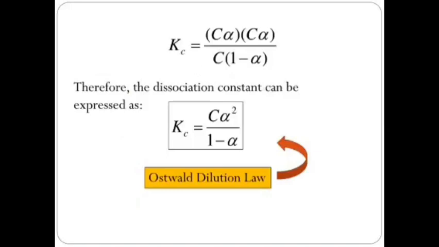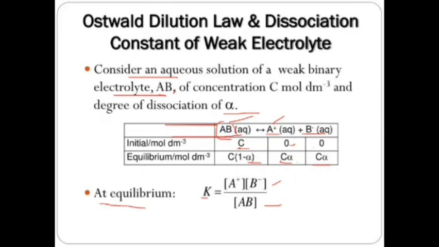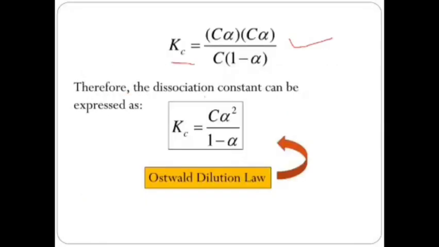Kc is equal to the concentration of A plus and B minus, which are C alpha and C alpha, divided by the concentration of AB, that is C into 1 minus alpha.